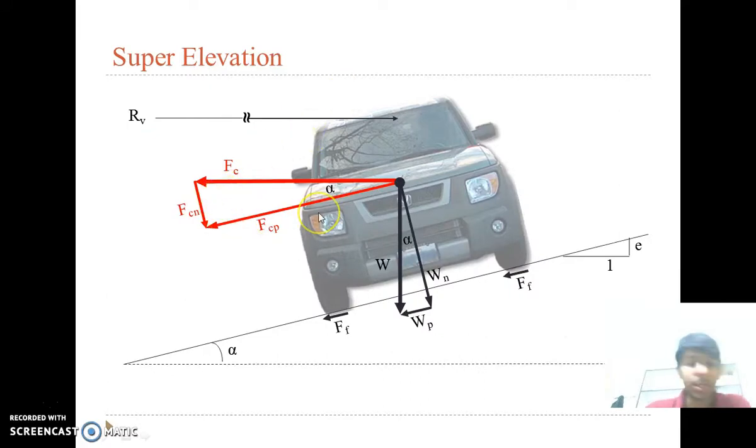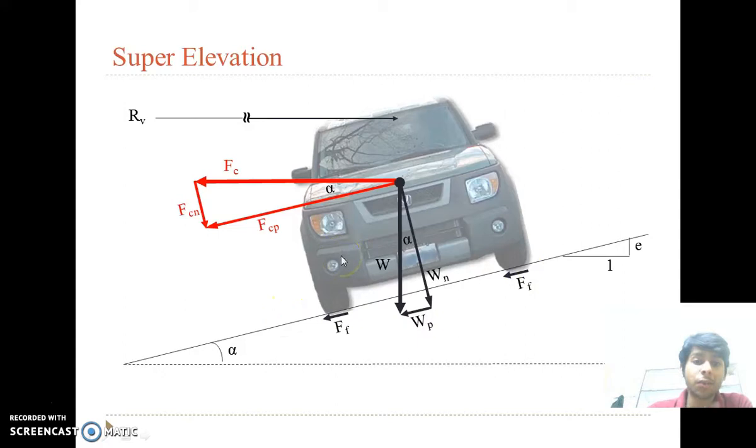Now you can see from this figure that there is a slant of the road. This is a cross section. In this, the vehicle is running on the road. The weight is acting downward, and the frictional force is acting toward the inside of the road.